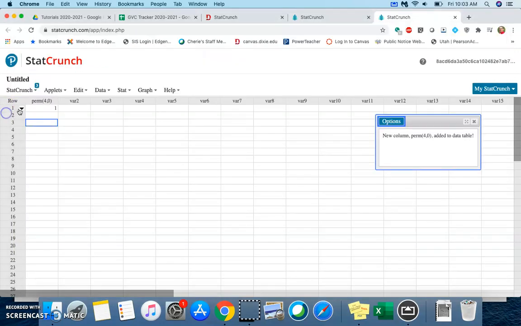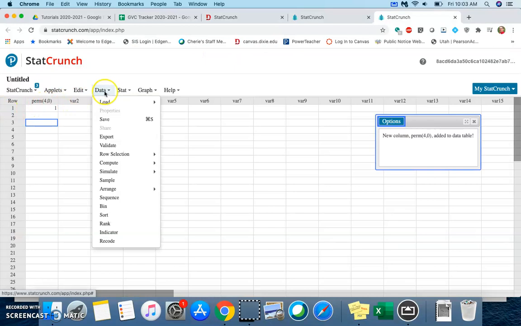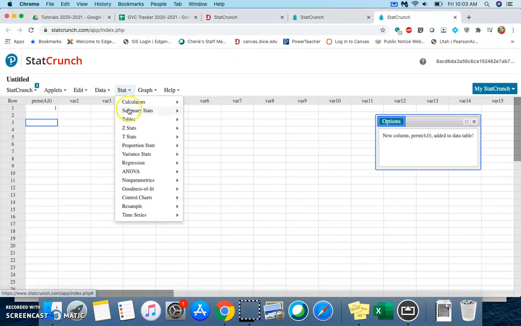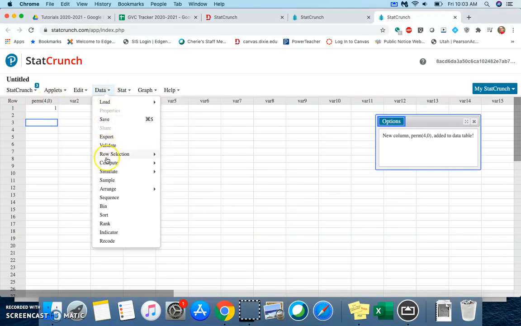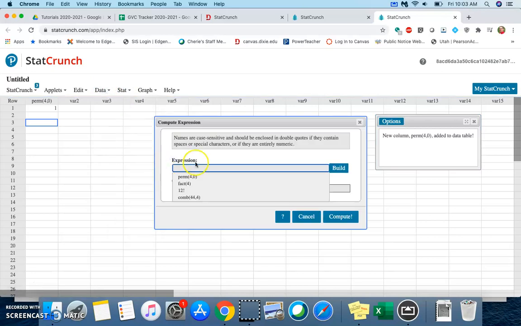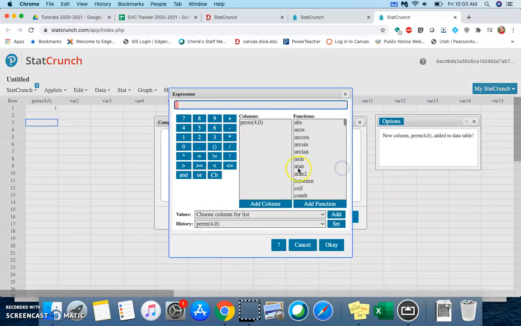And again, I'll just jump over here into StatCrunch. We'll do Stat, Compute, Expression, and then we'll build it. We're going to find permutation, or Perm. Again, if you find it in your calculator, it's probably way faster than this. But just so you can see a place to do it, we do 40 comma 3.